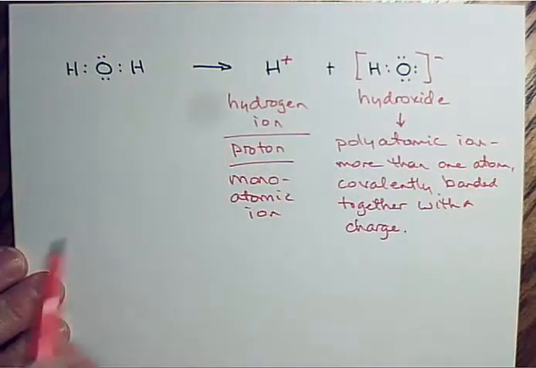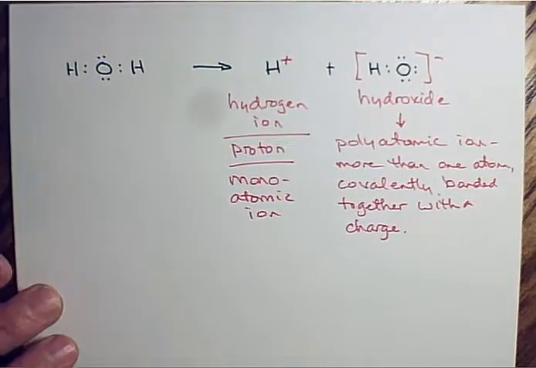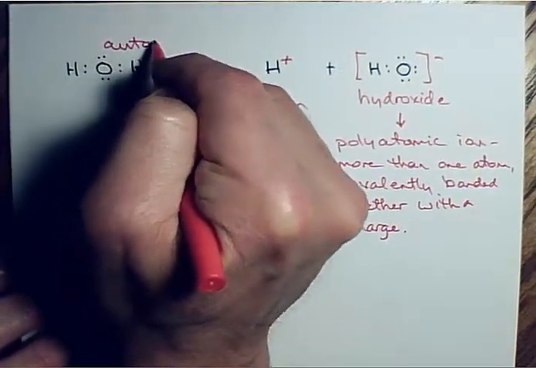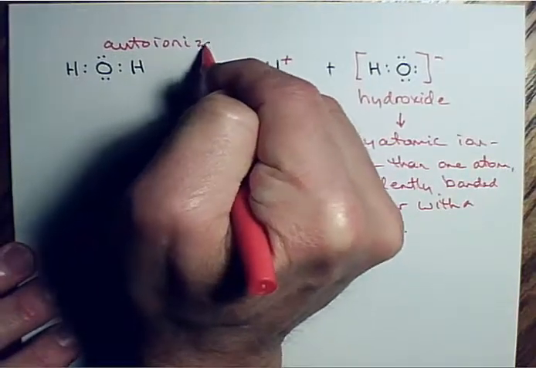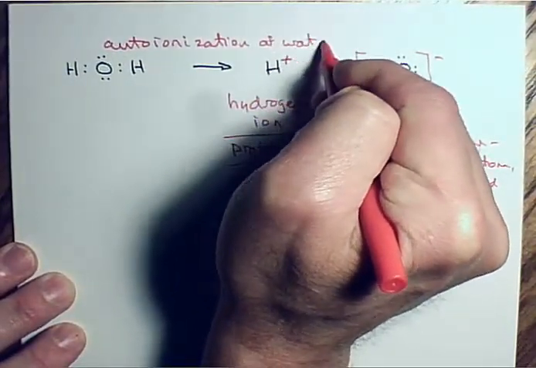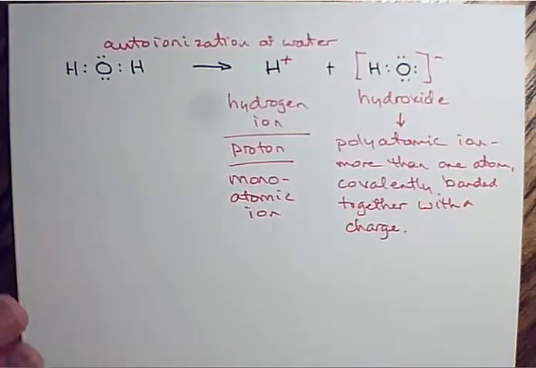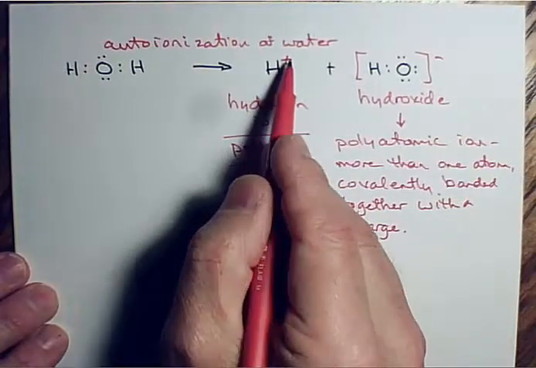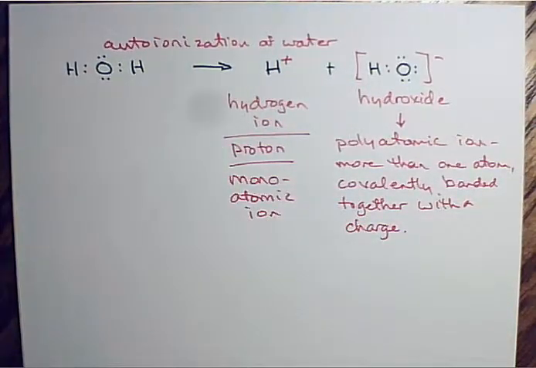Now, this process is called the autoionization of water. And it actually happens, like I said. So this hydrogen ion now is free. Well, it's not really free because it's got a charge. It doesn't want to be by itself.